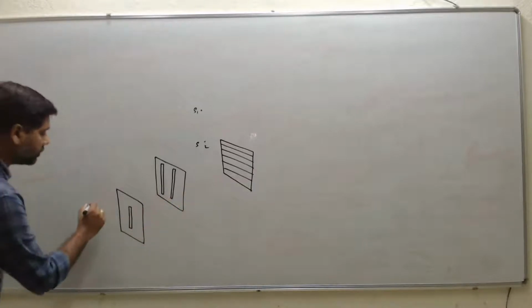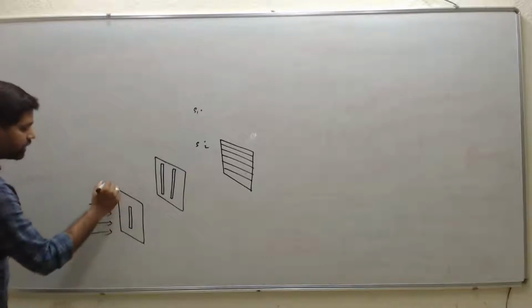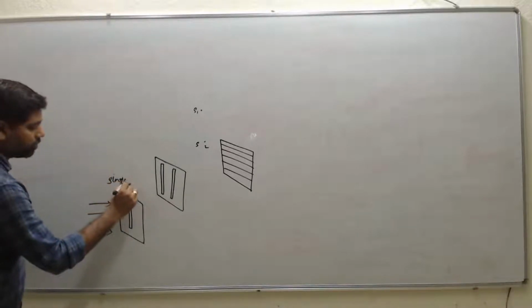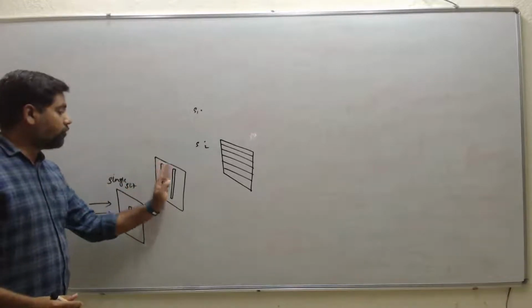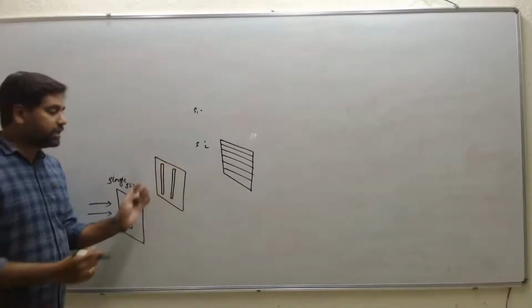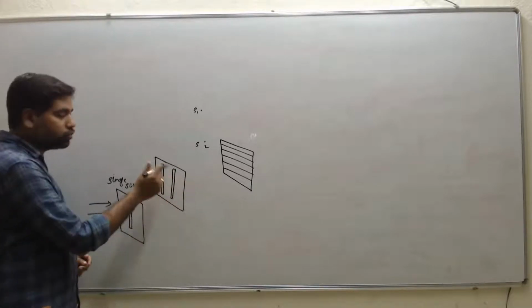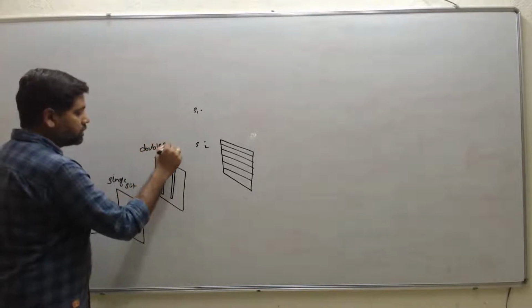The waves coming from the source fall onto the single slit, from there the wavefronts move and fall onto the two slits, that is, the two sources. So these two slits act as the two sources, and this is the double slit.